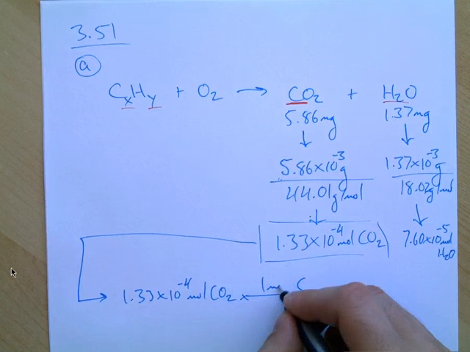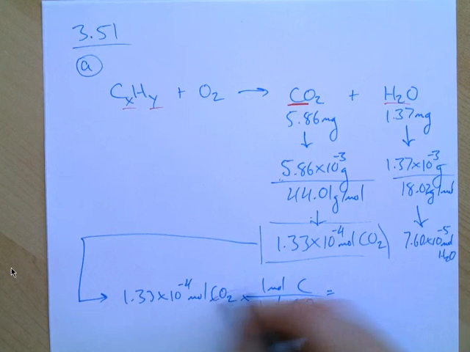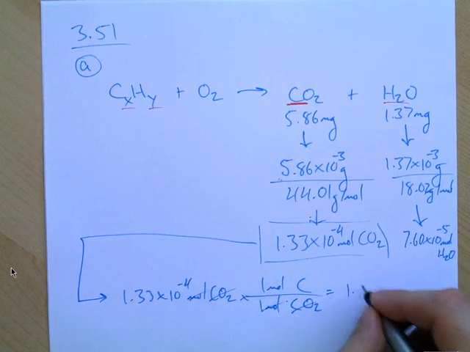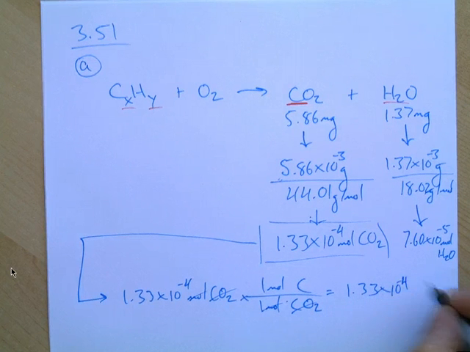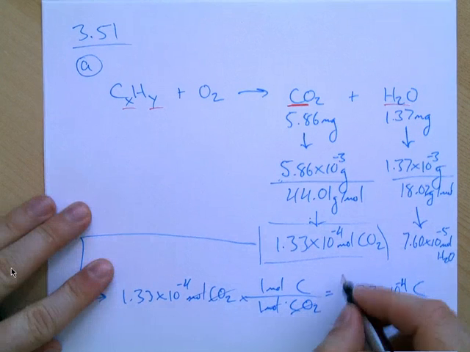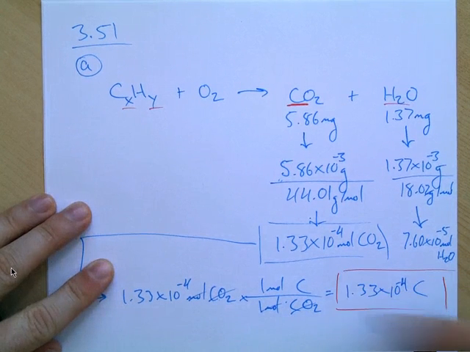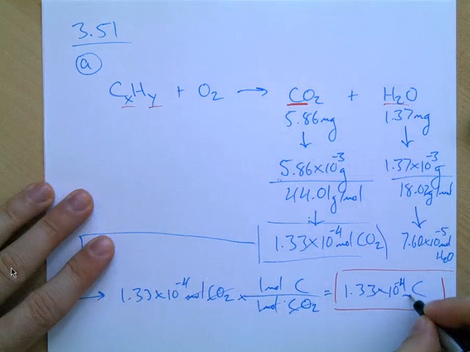So it's a 1-to-1 mole ratio. And what that gives me, of course, is the same exact amount of moles of carbon as I had carbon dioxide. And this I'm going to put in a red box because this is going to be critical information later. And I forgot to write moles down here, so let me make sure I keep my units together.